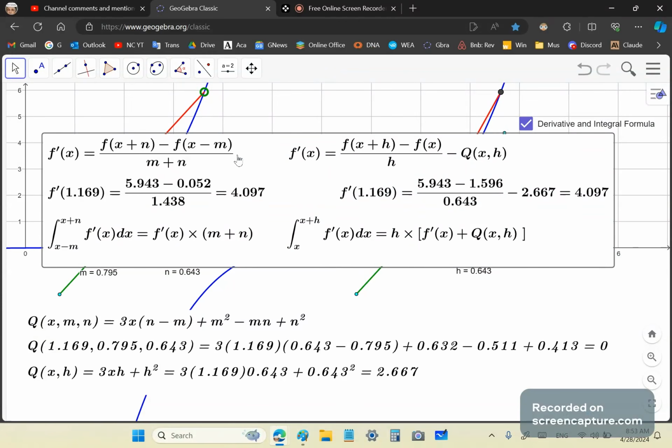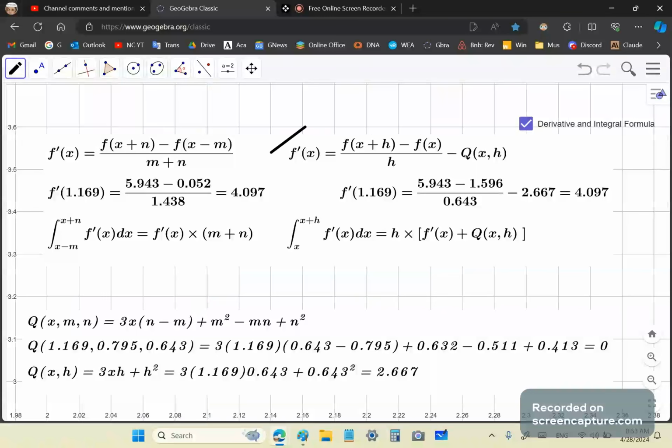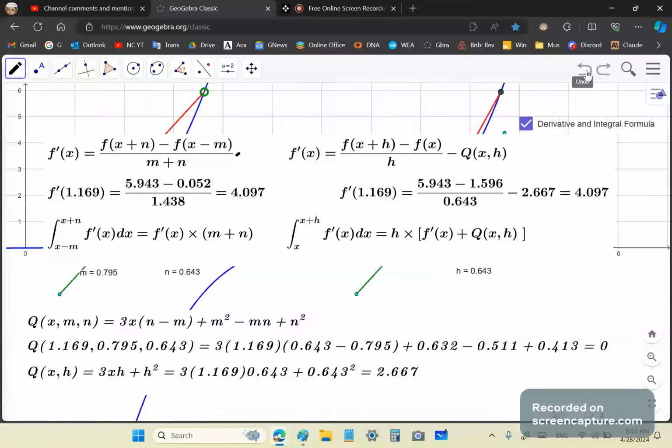Now notice I could have written inside here, in this here, I could have said plus. Oh my God, this always happens. Stupid GeoGebra software. Okay, I could have written plus q of x,h like that.